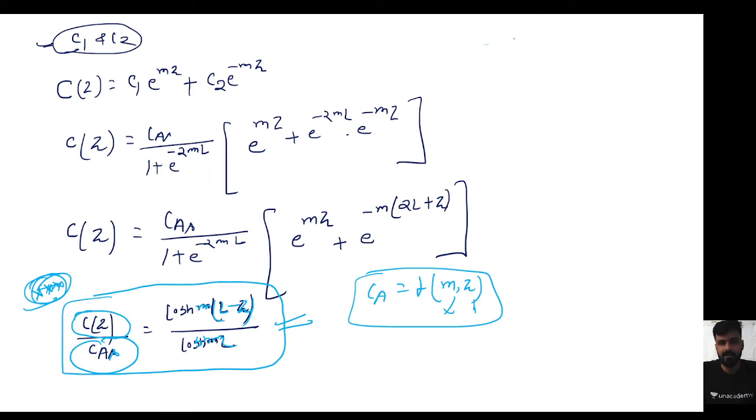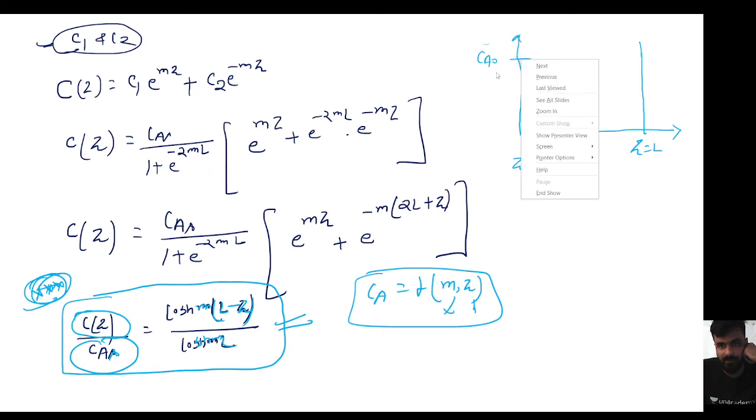Now the next thing is, for the cylindrical pore, as I have discussed, at Z equals 0, concentration will be Ca naught. And what happens when we reach Z equals L at the pore mouth? The profile used to be like that, and it becomes flat like that.